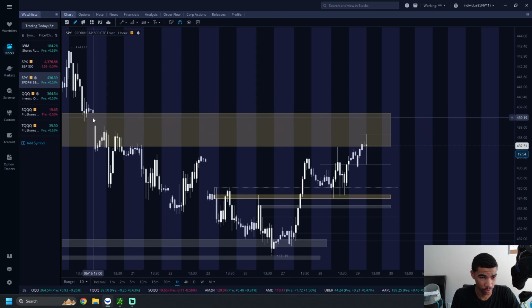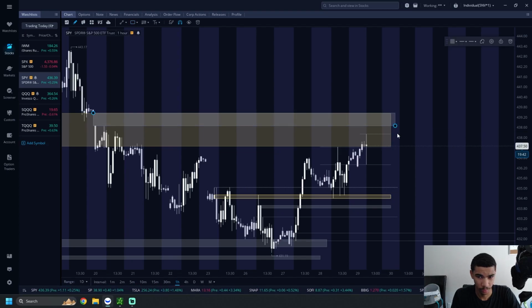But one thing I'm also seeing is we have this gap in price here. And I think the gap in price is a little bit more important to watch. So we'll pull this over like this. Say we get above our pre-market high here. The next place we look for price to go is around here, 438.70 up to about 439.50. At least that's where the gap is, right?